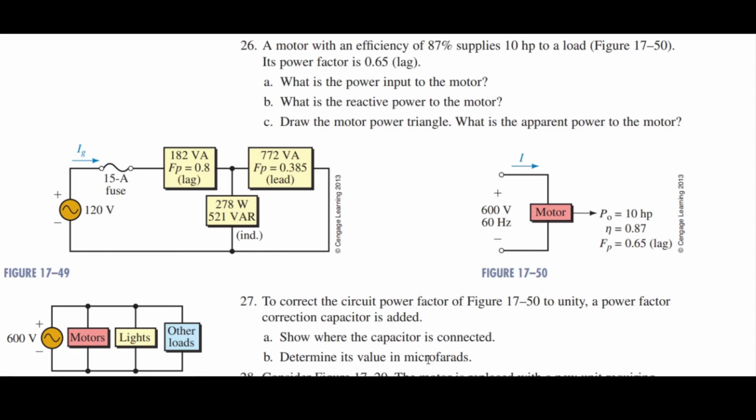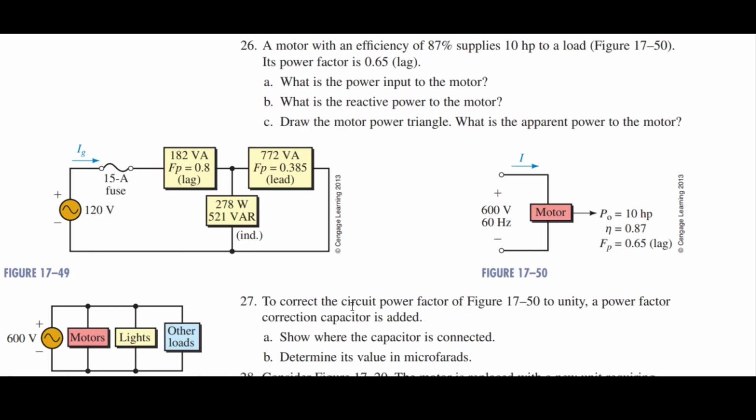Okay, so just bringing in the second part of this exercise, which involves question 27. We're talking about the same motor circuit that we just went through, the one shown in figure 1750.